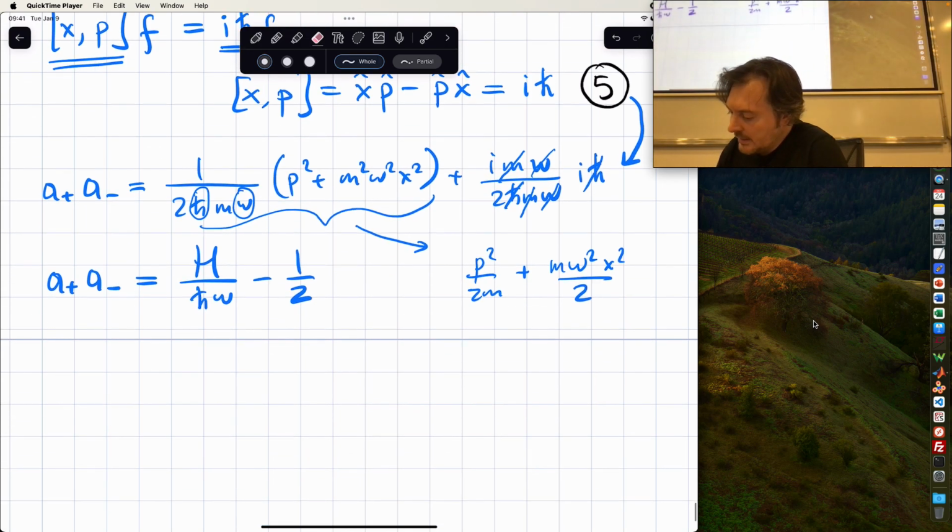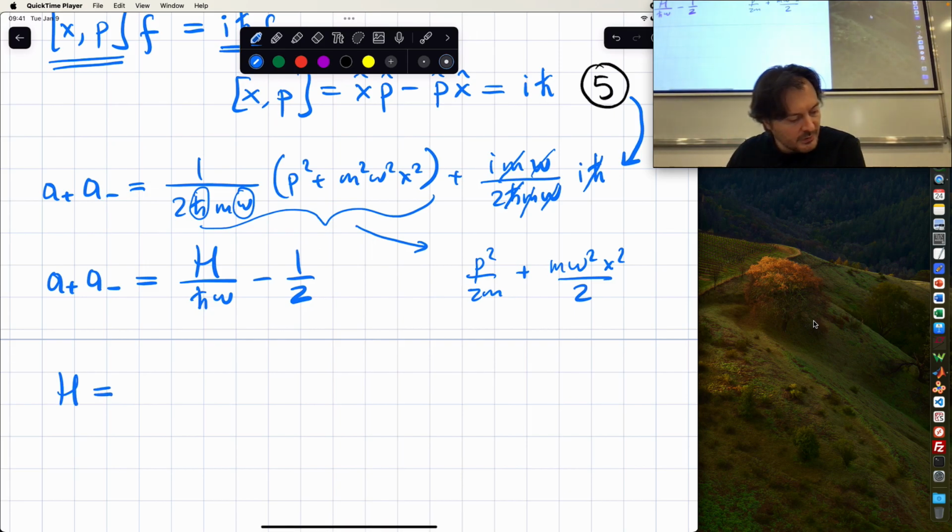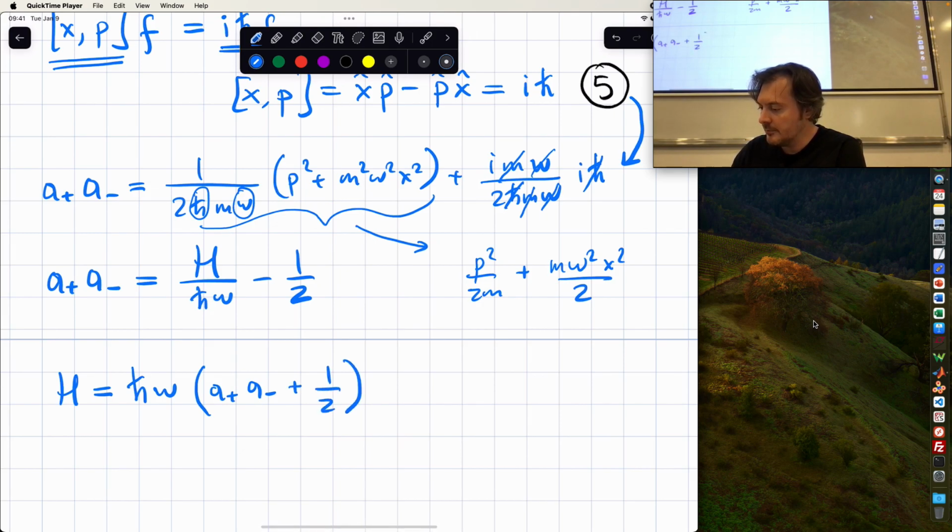So I can actually write Hamiltonian in terms of this raising and lowering operator: h bar omega times A plus A minus plus 1/2. And this is my equation number 6.